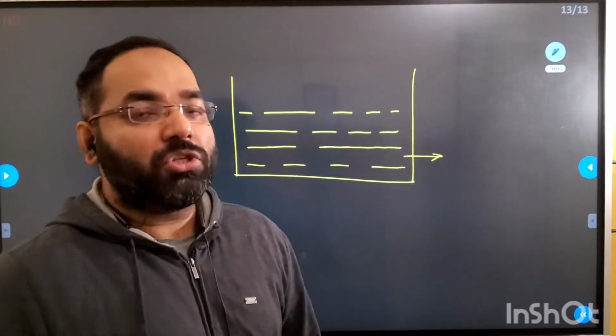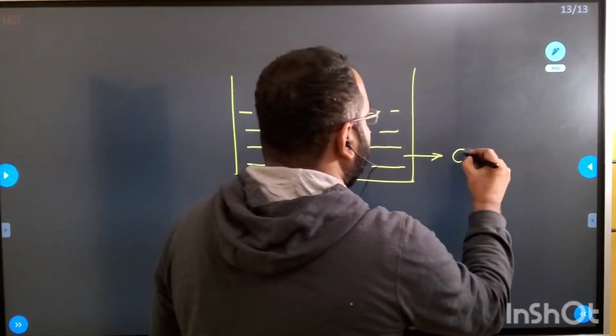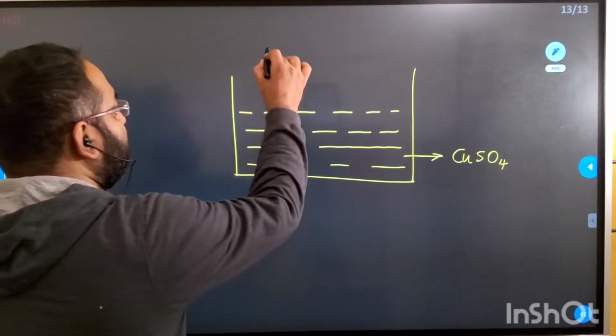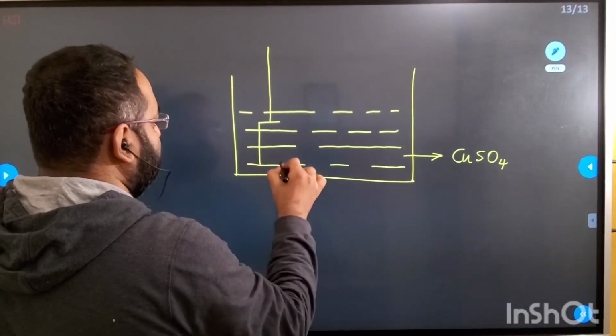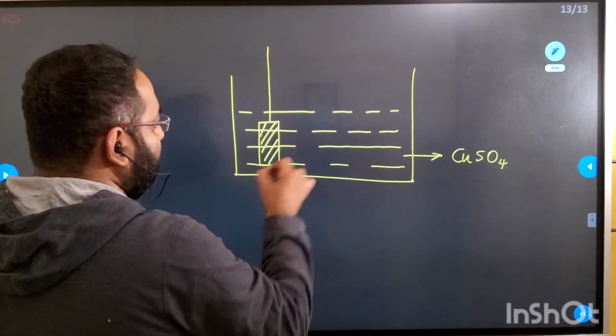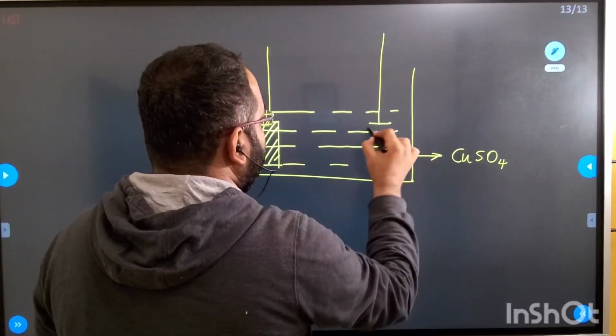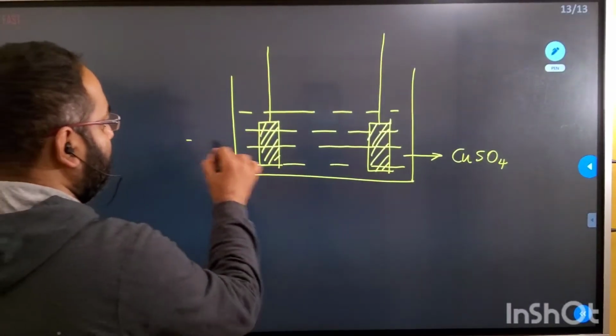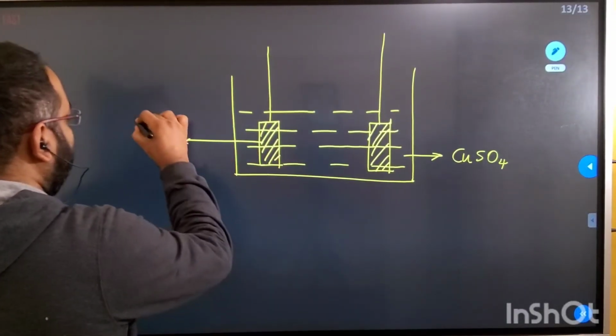The most common salt of copper you add is copper sulfate. Into this you introduce two electrodes. This is the first electrode and this is the second electrode.